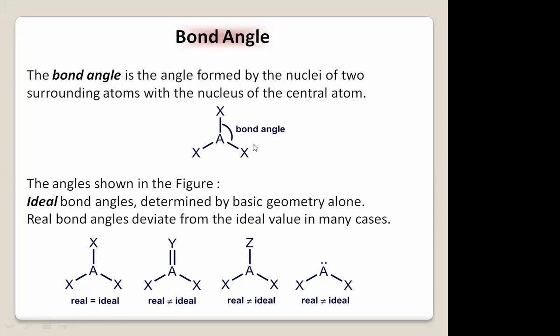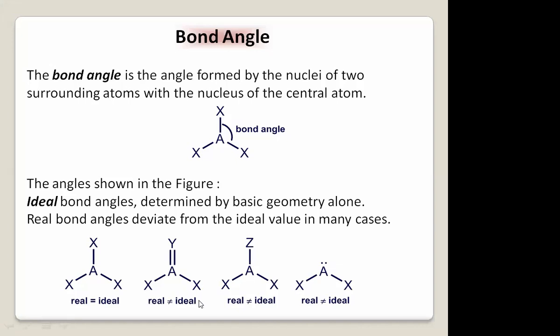It's an AX3 system. There is no lone pair of electrons in this case. Now, the angle between these is 120. When you have that situation, you have the real and ideal situation. So the angle will be 120. But the moment you have an introduction of a double bond, the double bond will create a change in the bond angle.